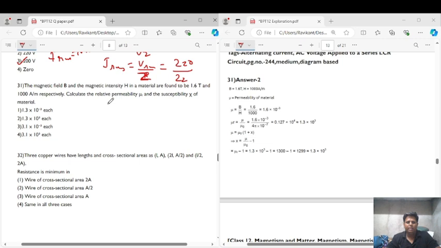So relative permeability mu R, wait a minute, mu is given as B by H. So B by H means it will be equal to 1.6 upon H is 1000. So it will be equal to 1.6 into 10 to the power of minus 3. Right.